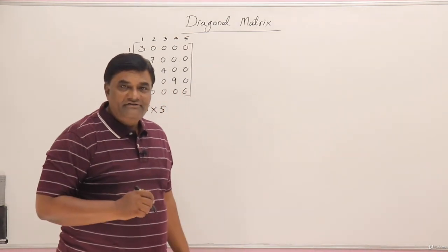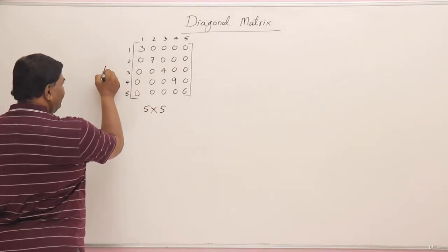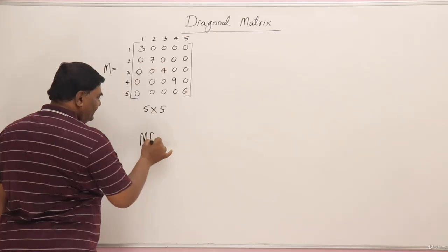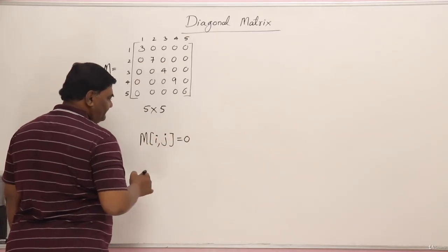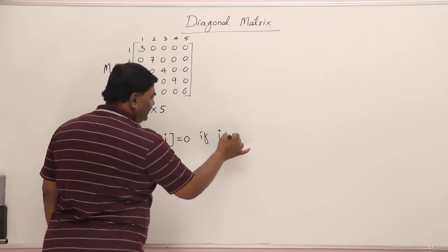So let us see how we can define this. If this is a matrix M, then M of ij should be 0 if i is not equal to j.